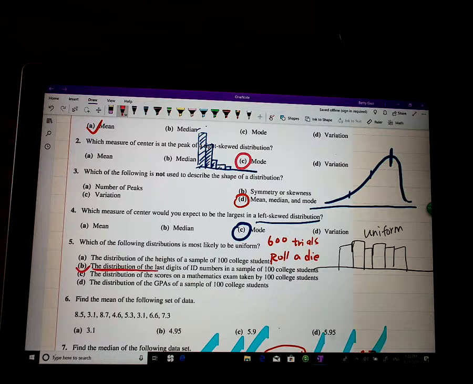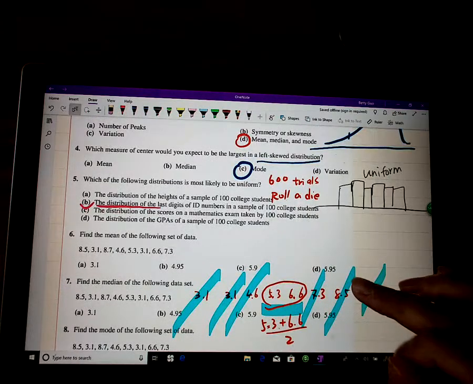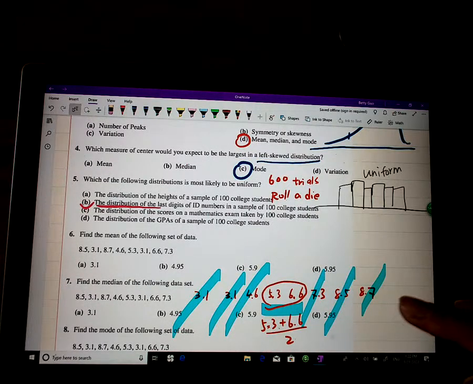C, the distribution of the scores on a mathematics exam taken by 100 college students is supposed to be bell-shaped. D, the distribution of the GPAs of a sample of 100 college students. That's supposed to be a bell-shaped distribution as well.